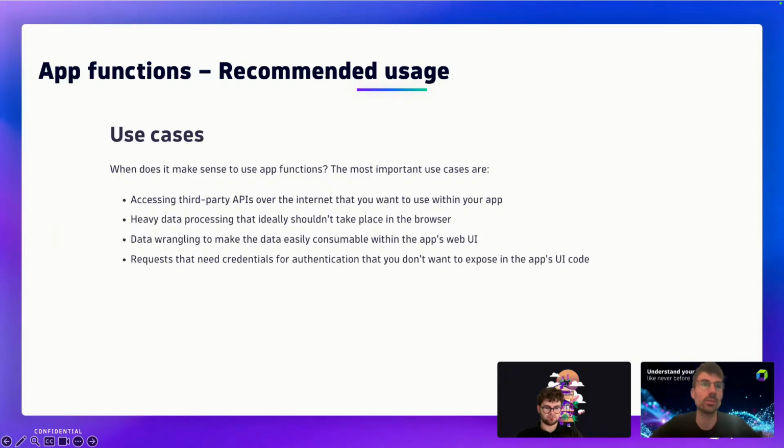And for heavy data processing that you don't want to take into the browser because maybe it can block the main UI, instead of moving it into a web worker or something similar, you can move it into an app function. And last but not least, you could do some data wrangling in your app function to have fewer tweaks to do in the UI code.